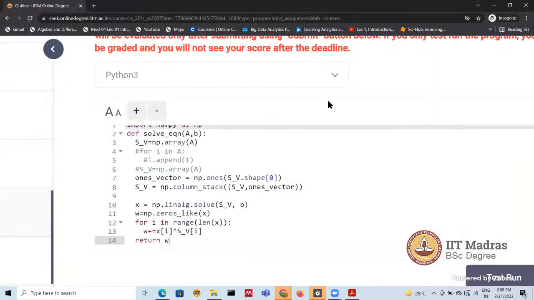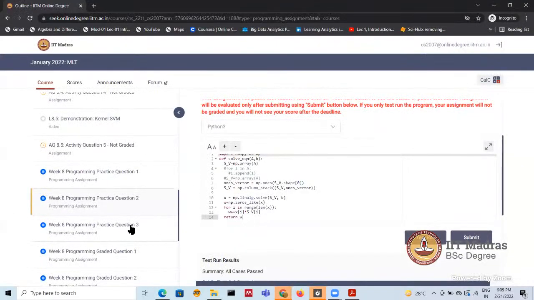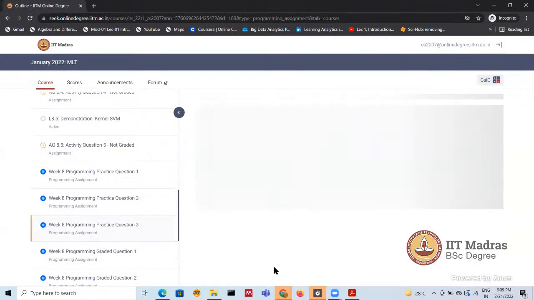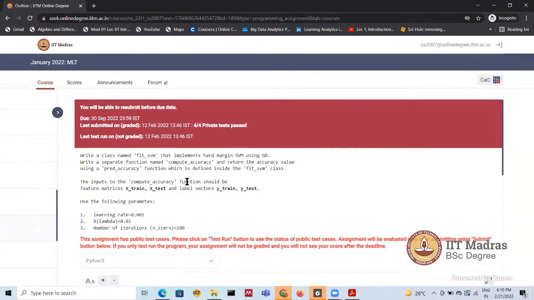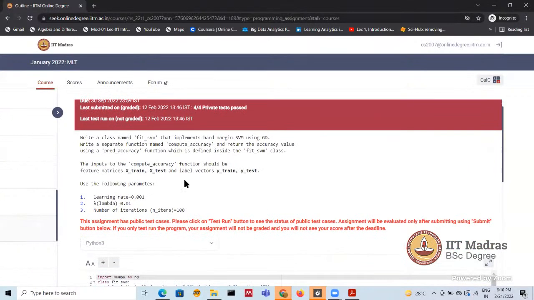I think we can share this practice solution PDF also, so that it will help you to solve the graded assignments as well. Generally, we share it after the graded assignment deadline is over, but now we are releasing it along with the week's contents, so that it may be helpful for solving the graded assignment.